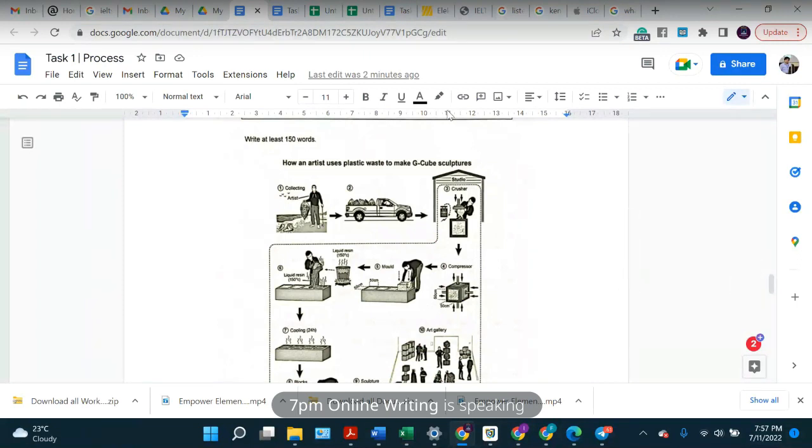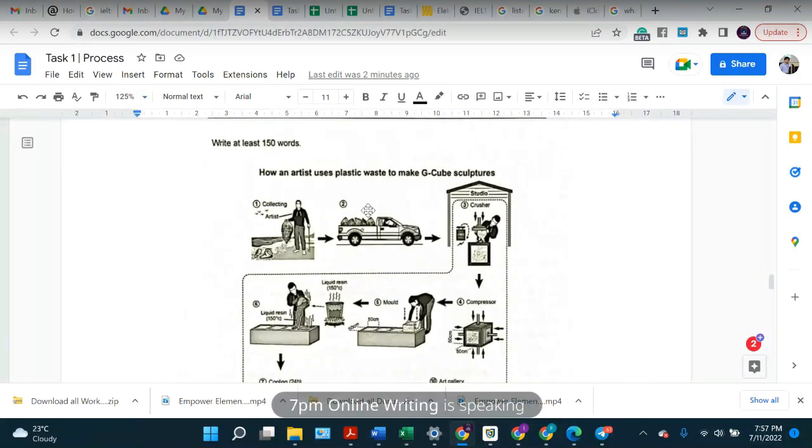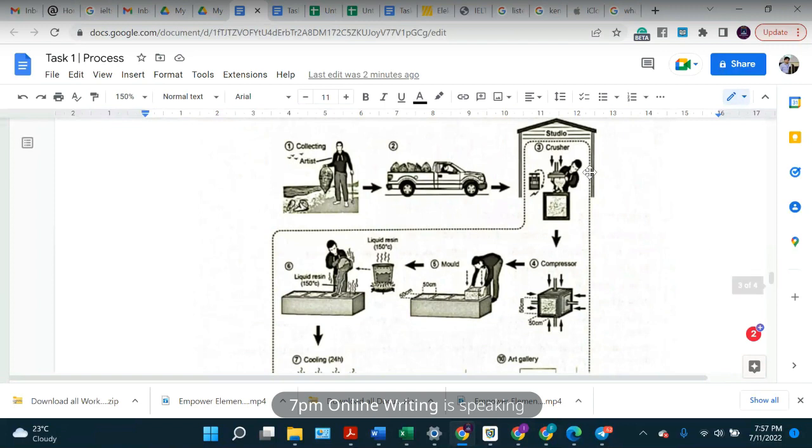So first of all, we have the artist collecting trash, right? From the seaside, I expect. I don't know. Yeah, if you want to be that specific. And then he drives this to a studio, right? He uses his own truck, maybe, to deliver this to a studio where he uses a crusher. What else do you see?